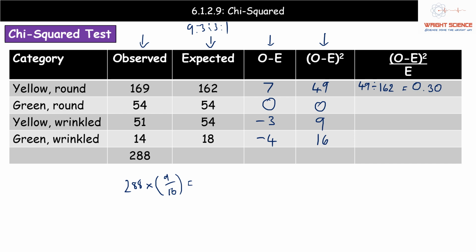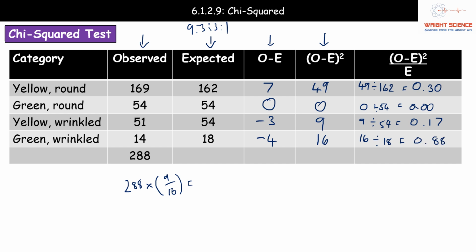The next one is 0 divided by 54, which is still 0. Then we're going to have 9 divided by 54, and that gives us 0.17. And then our final one, 16 divided by 18, gives us 0.88.